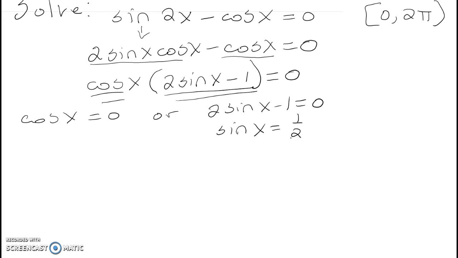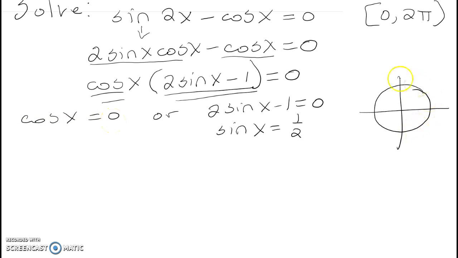At this point, we are ready to solve for x, which are the angle measures between 0 and 2 pi on the unit circle. If you look back on the unit circle, cosine values are the x values, and we want our x values to equal 0.